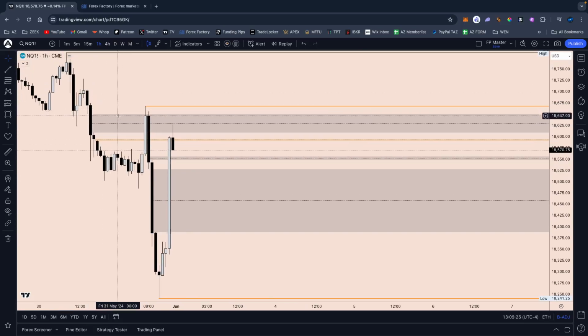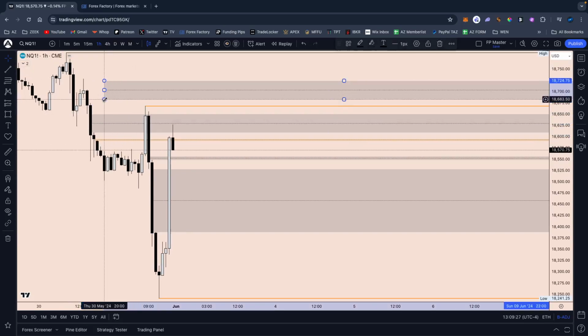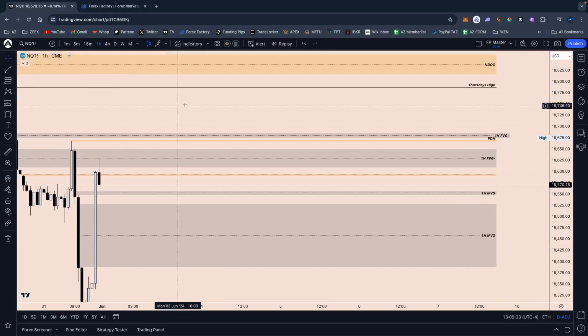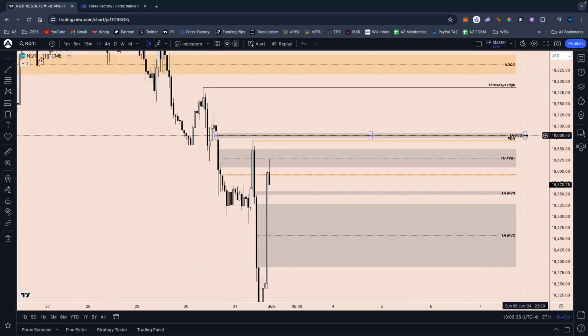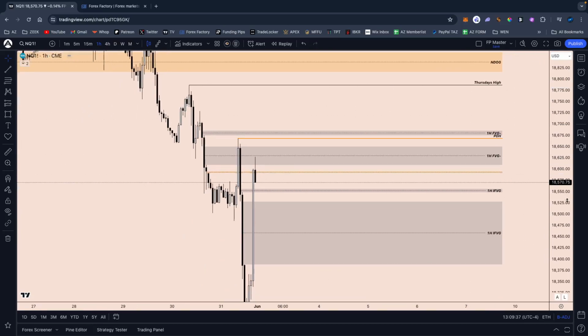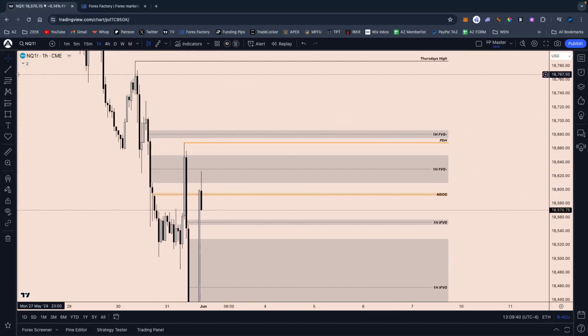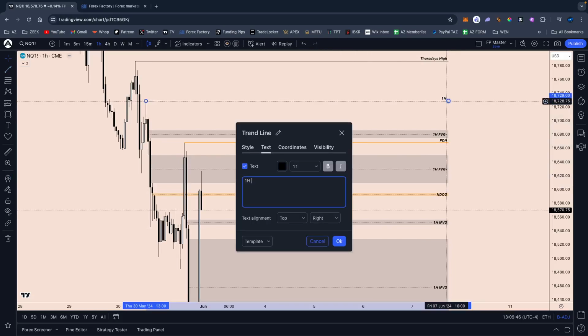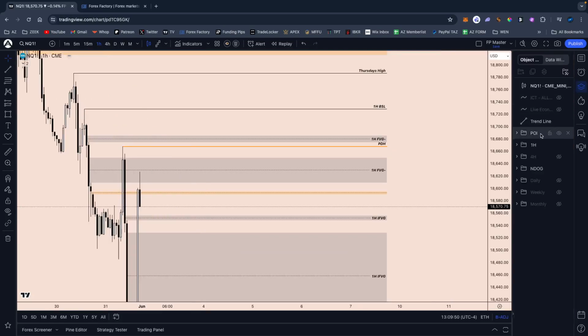We so far never invalidated it. This is another bearish here on the 1 hour. One hour buy side liquidity. We're gonna put that into our point of interest folders.